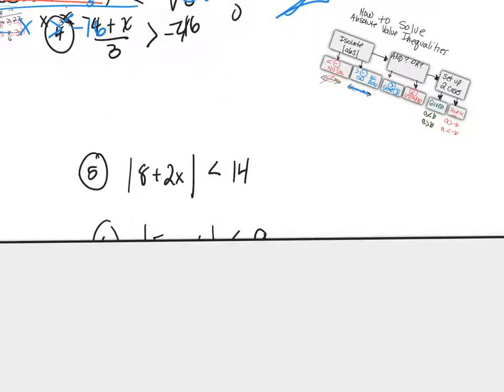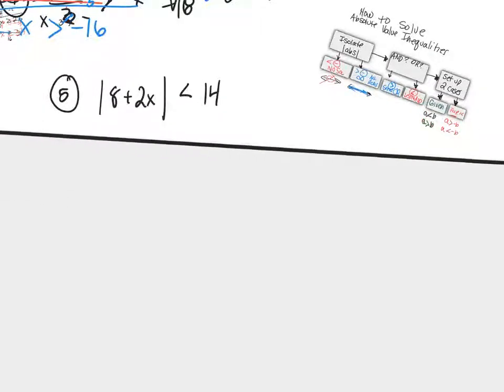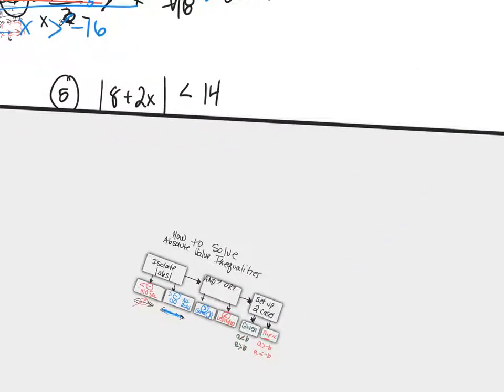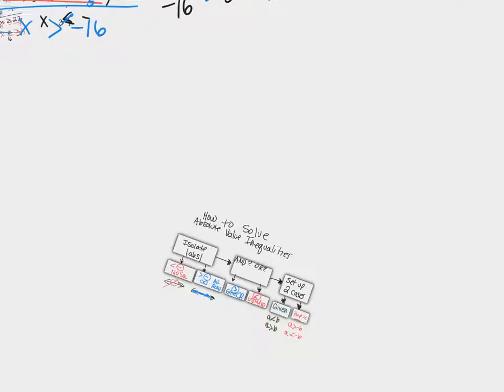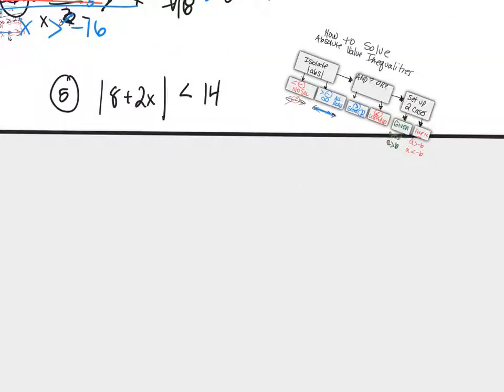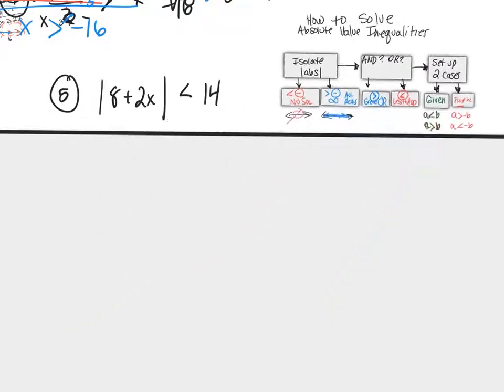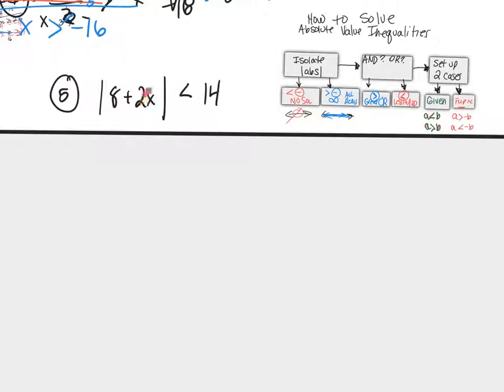Number 5. What kind of an inequality is number 5? It's absolute value, so you have to remember all of your steps. So when I look at this, I isolate my absolute value, which is step 1, and it already is isolated because the absolute value is by itself. Is it less than or greater than a negative?